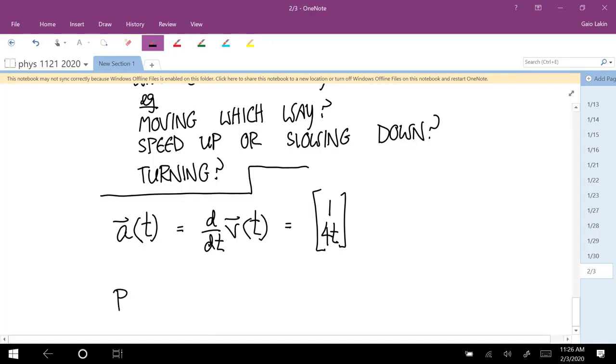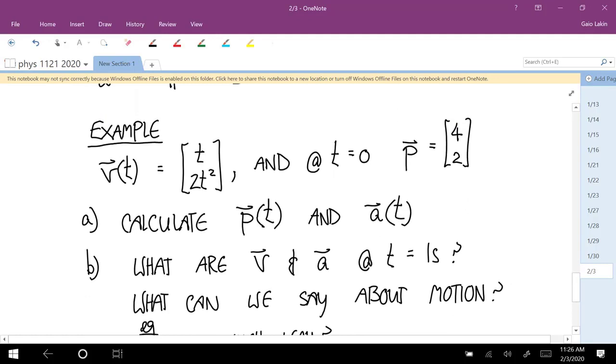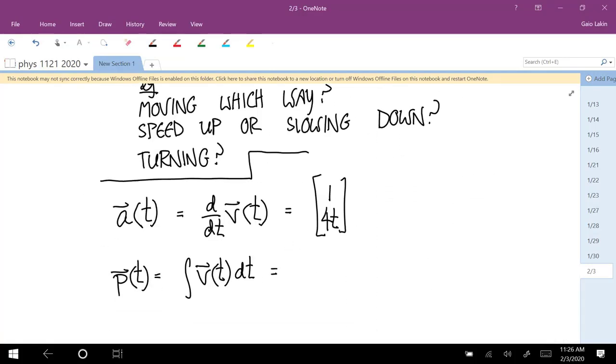What about the position? That one we have to integrate with respect to time. So if we integrate t with respect to time, we get 1/2 t squared, and then you also have the constant of integration, so I'll call this C1.